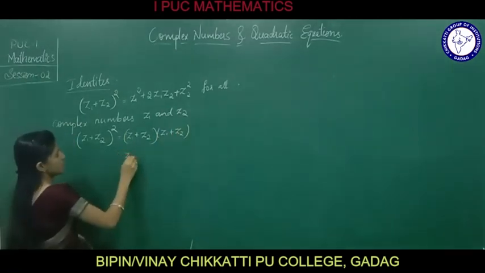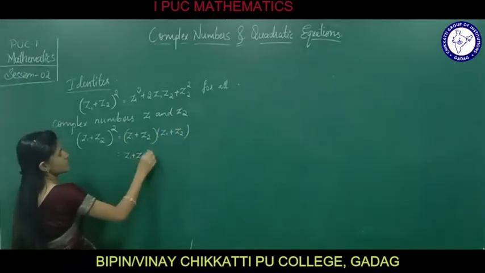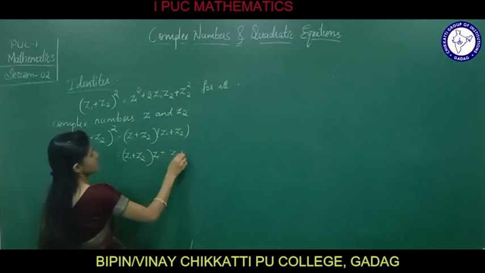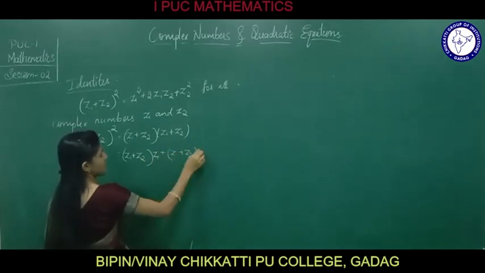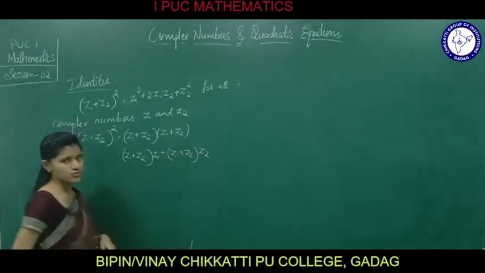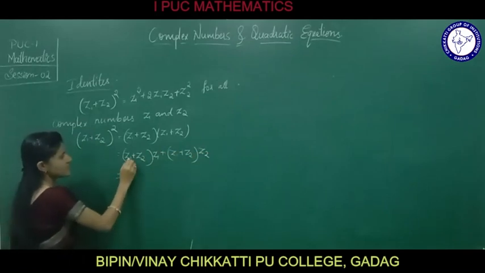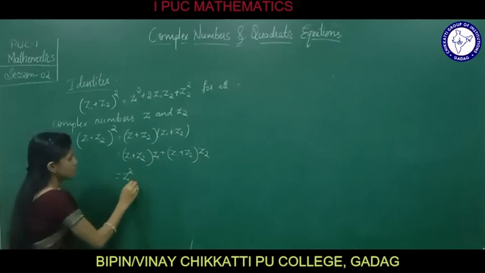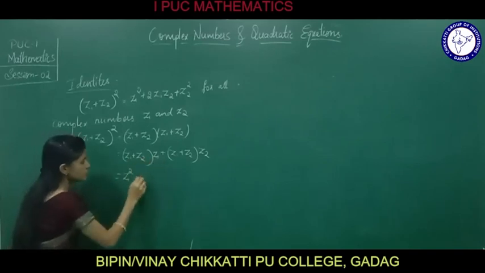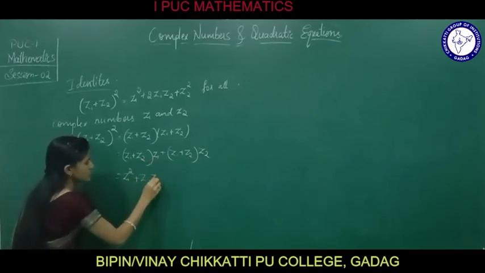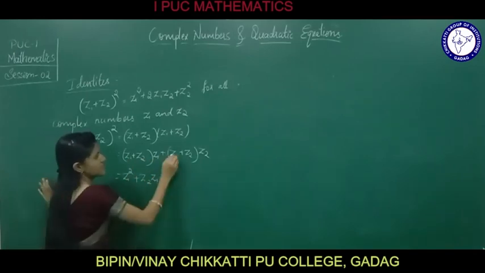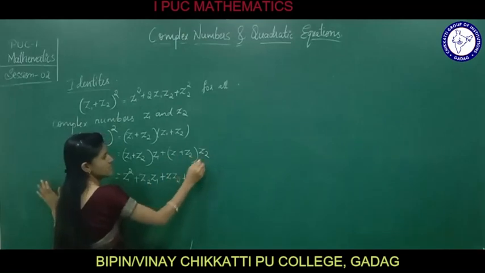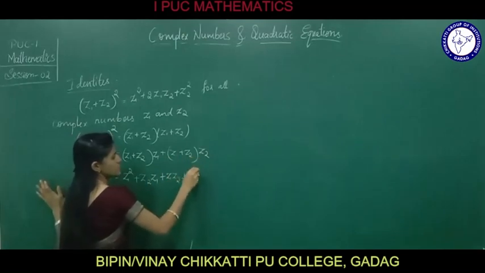Just multiply: z1 into z1 is z1 square, plus z2 into z1, again z1 into z2, plus z2 square.